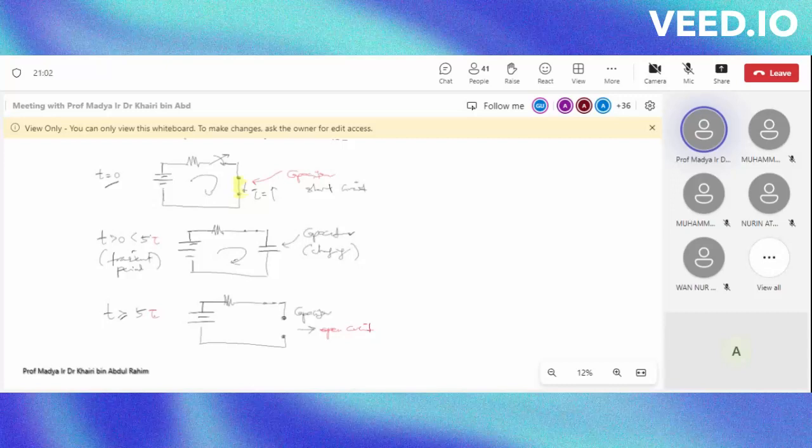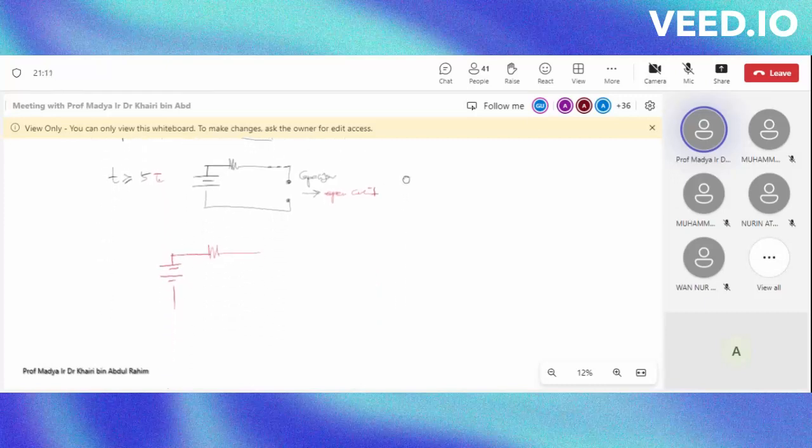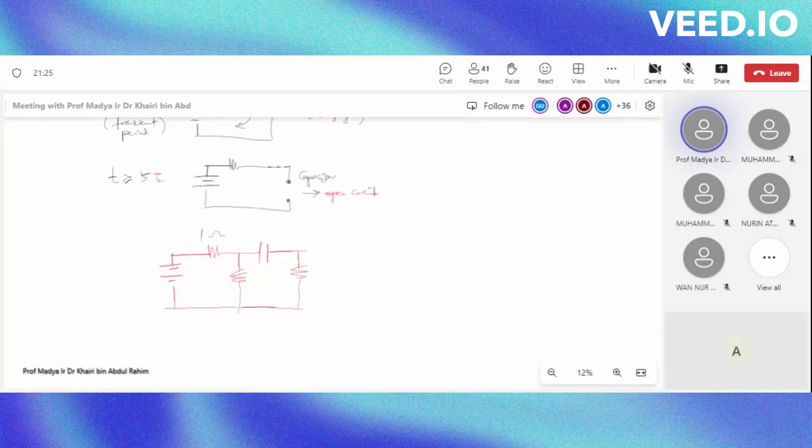For example, okay, if let's say you are given a circuit like this, for example, let's say 1 ohm, 1 ohm, 1 ohm, 1 microfarad, this is 10 volt, right?